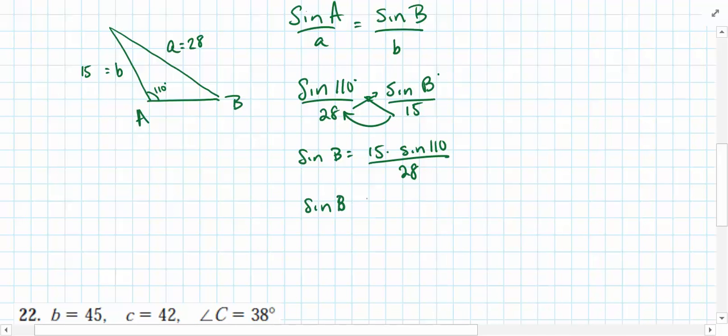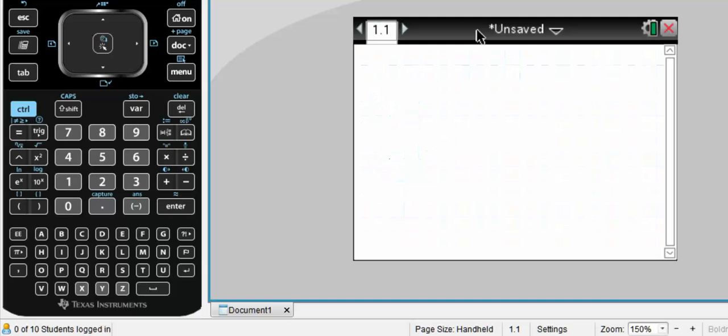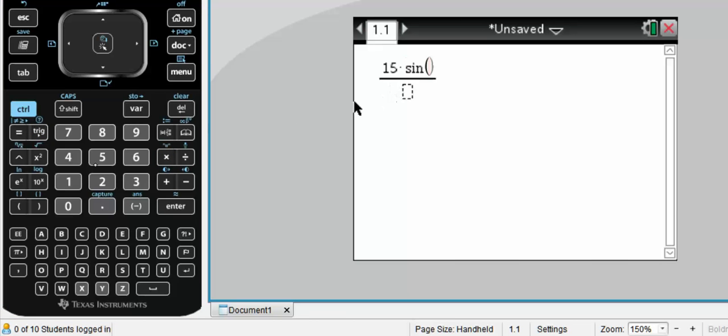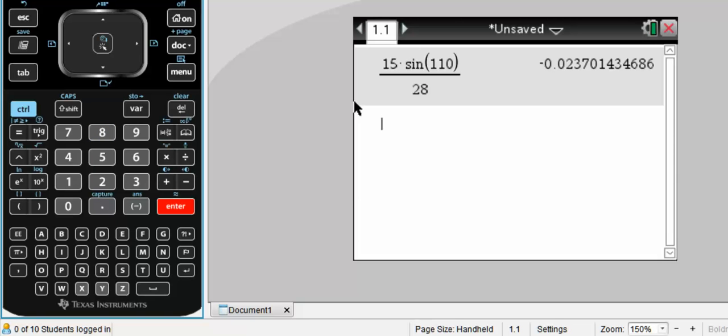So sine of B, based on this setup here, you can go to the calculator and find that result. I have a fraction here. 15 times sine of 110 divided by 28 is equal to negative 0.0237.